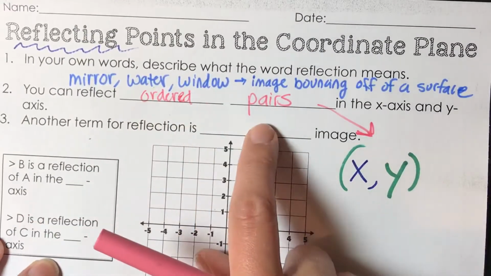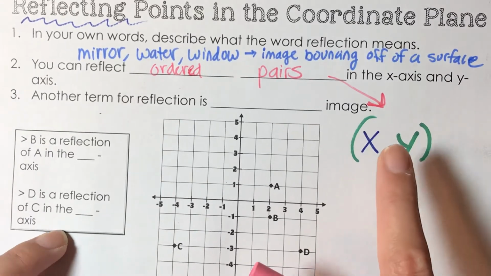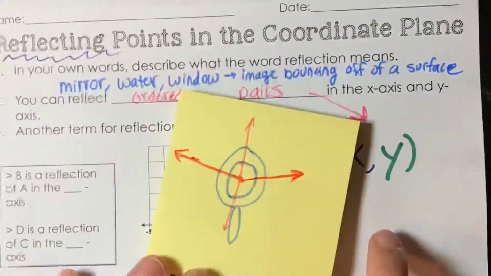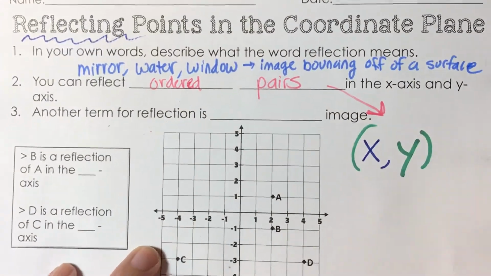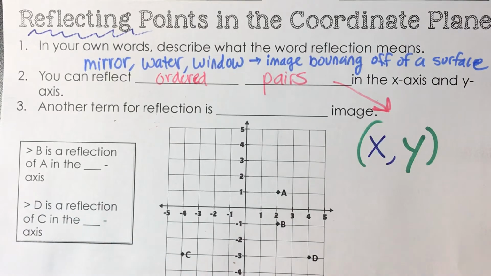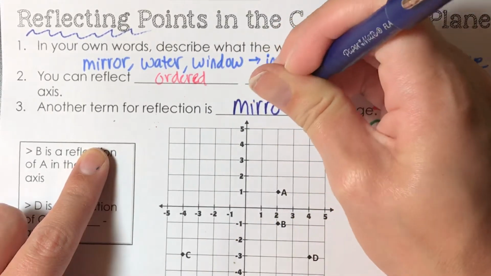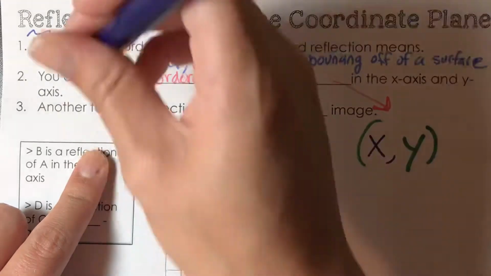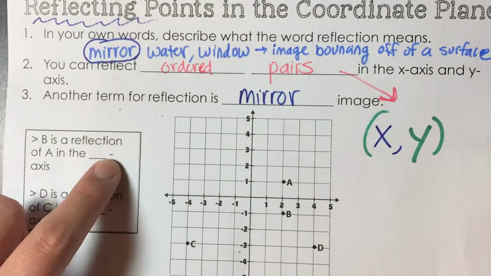Now we're talking about reflections, so it's important you know where these are first. You have to know where you're starting. You've got to know which way the laser's being pointed at the mirror to know where it's reflecting or bouncing off. Another term for a reflection is a mirror image. Hence why my first example of where I see reflections in real life is a mirror.